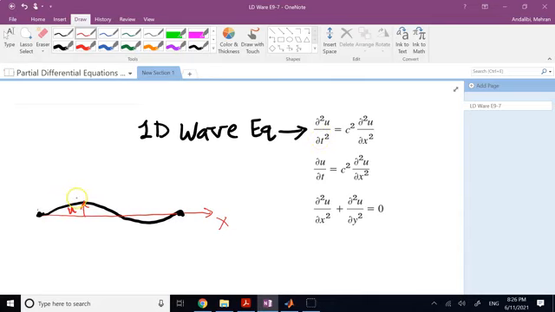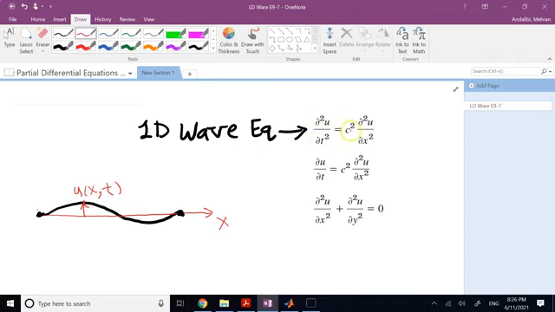So this u here is a function of both x and t, and the governing equation for this u is what you see here.